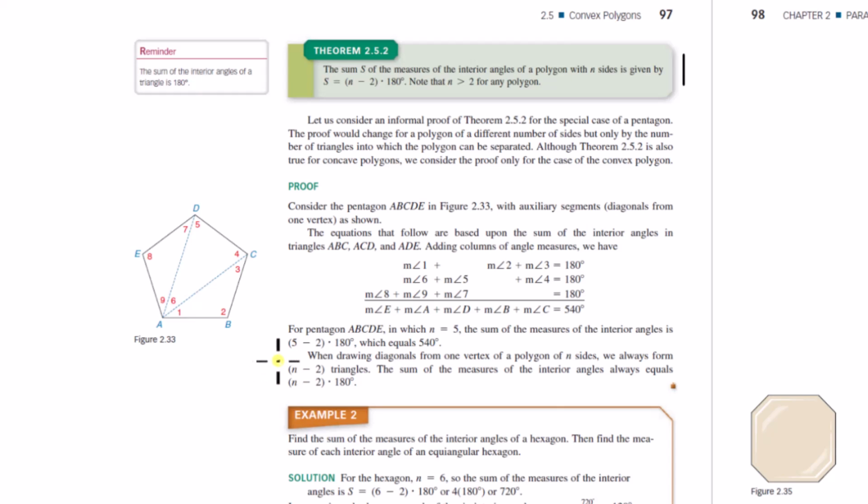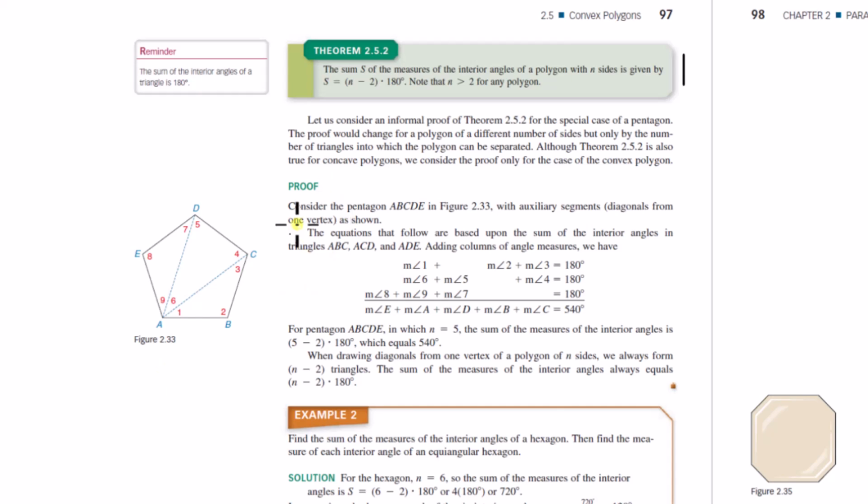You can break it up into the number of sides minus 2 triangles. And once you know the number of triangles, you can use the fact that the sum of the 3 angles of each triangle is 180 to prove that the sum of all the interior angles of the polygon itself is equal to the number of triangles times 180.